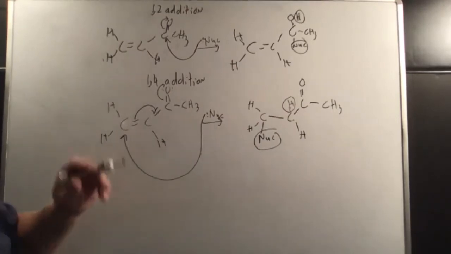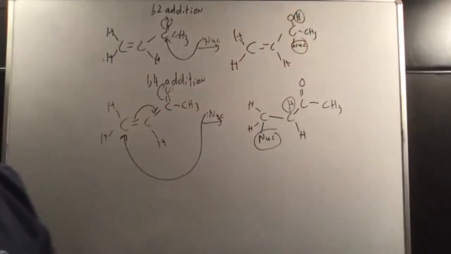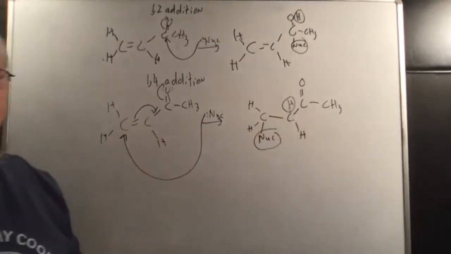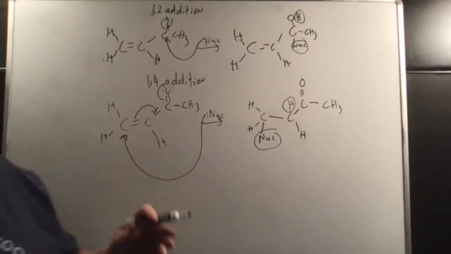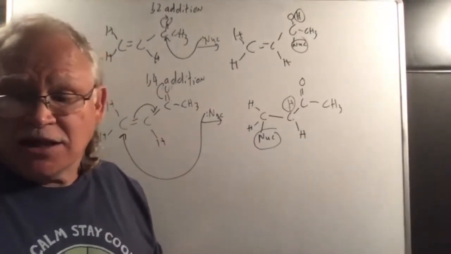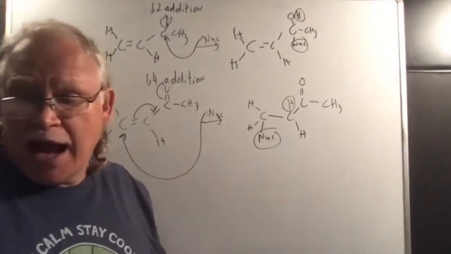So there's two reactions that occur. The nucleophile and the hydrogen add across the C double bond O, and the nucleophile and the hydrogen add across the C double bond C. So on the test, if I asked you, what is the Michael product of this reaction?